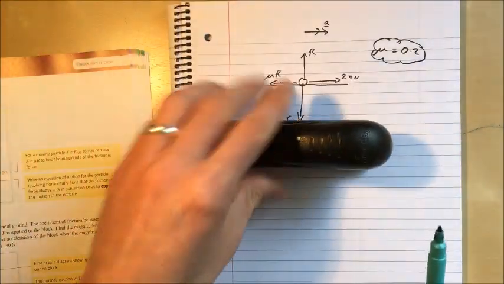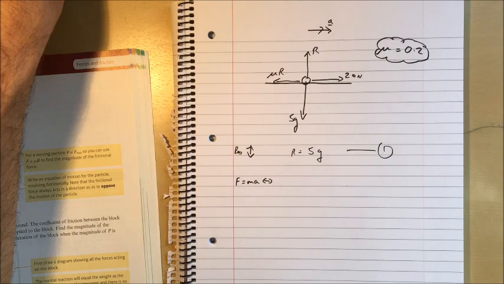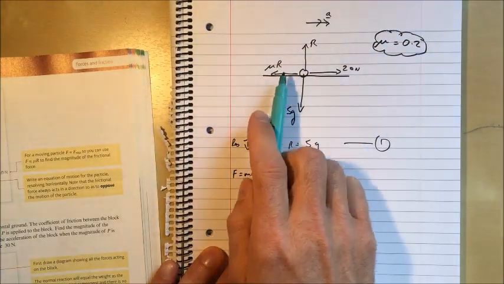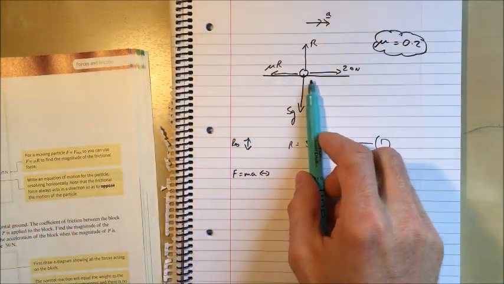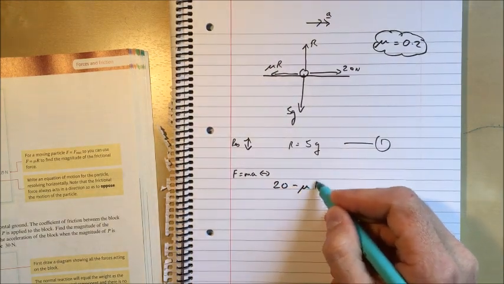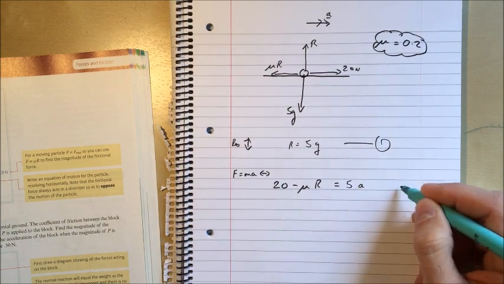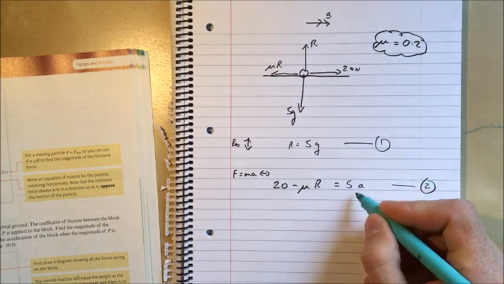There's no situation where I push this stapler that way and it starts accelerating in that direction. So we're using intuition and real life knowledge to tell us that it must be accelerating this way. So 20 minus mu R equals mass, which is 5, times acceleration, which is a. And there's equation number 2.